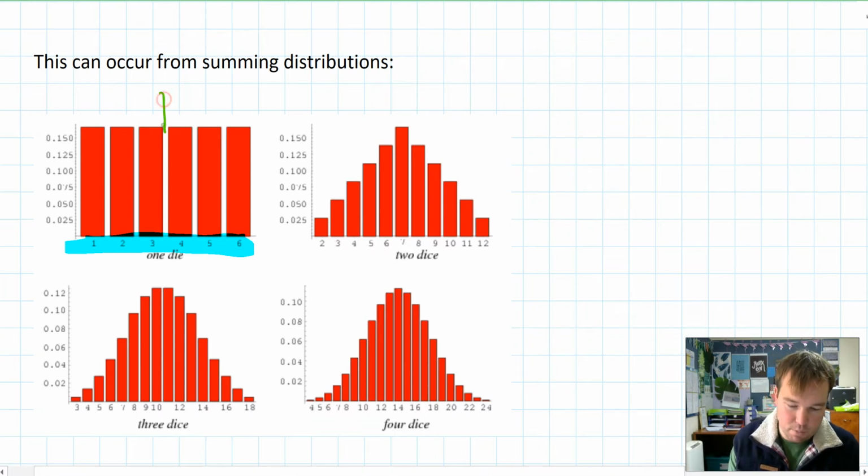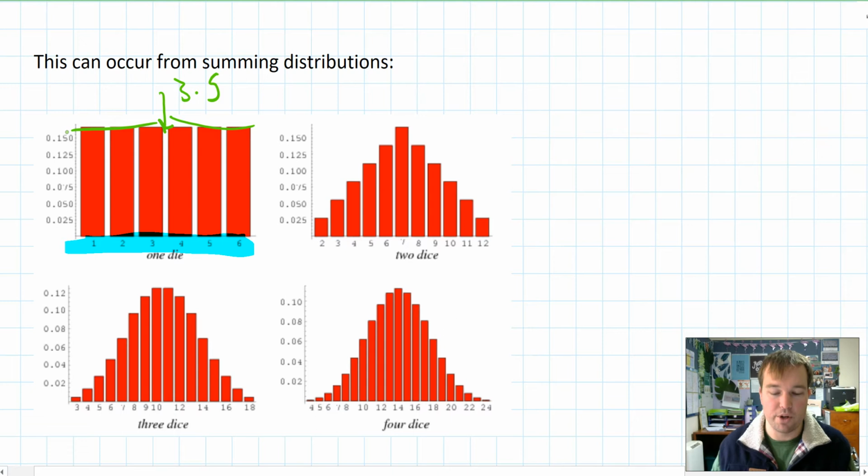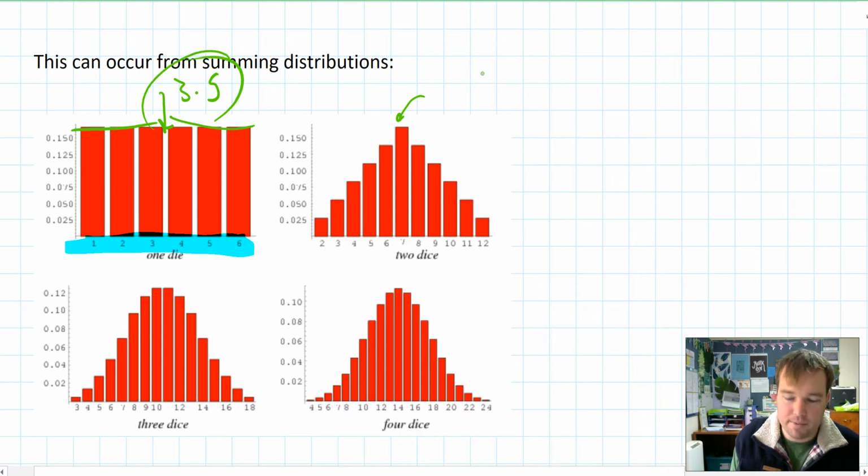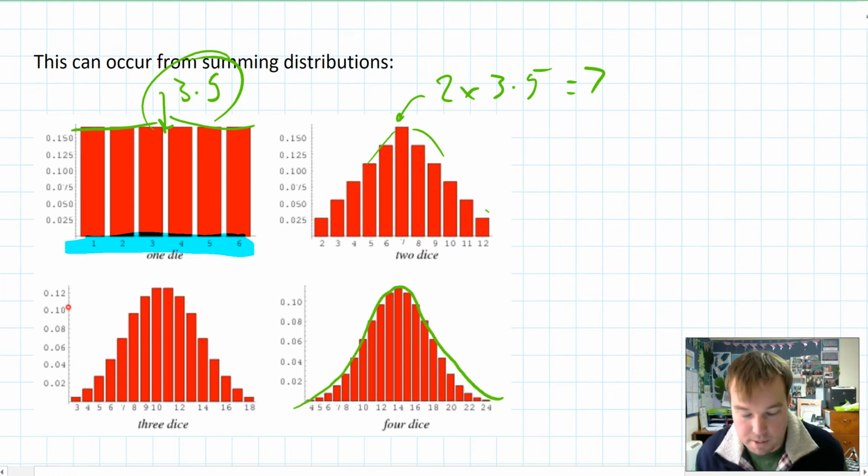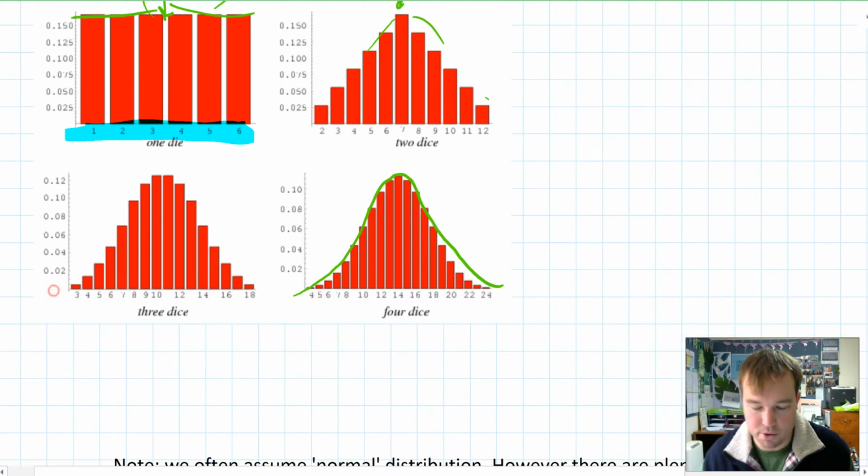In this case, the mean of 1 dice is 3.5, and it's evenly distributed either side, but that's not a normal curve yet. 2 dice, when we add them together, you double this mean, and we can see that 2 times 3.5 equals 7. That gets us there, and we get this more predictable drop off either side. And more dice, and we start getting this bell shape, which I'm terrible at drawing, and you're going to have to put up with some terrible drawing.